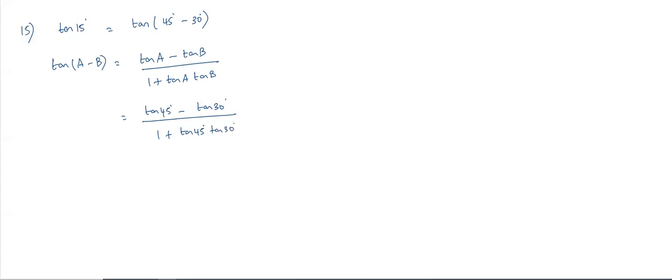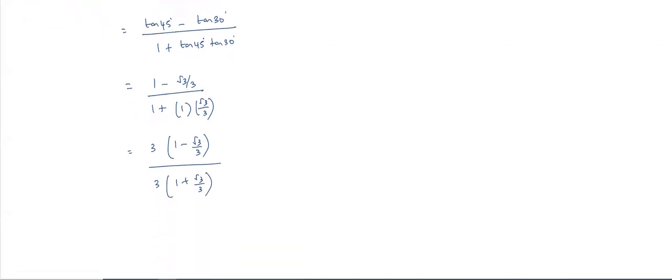So tan 45 is 1, tan 30 is root 3 over 3, so 1 plus 1 times root 3 over 3. Now 3 is a common denominator, so I can multiply and divide by 3, because 1 times root 3 over 3 is just root 3 over 3 in my denominator.